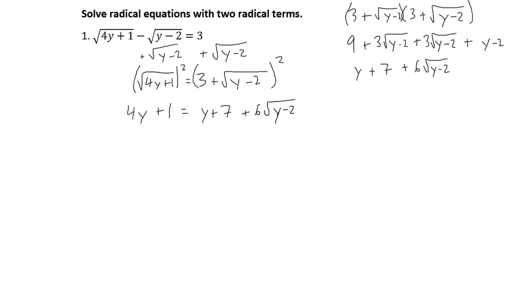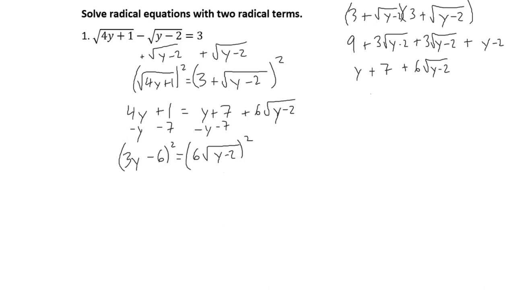So unlike before, we still have a radical. So we need to isolate the radical again. So we subtract y from both sides. We subtract 7 from both sides. And we get 3y minus 6 equals 6 radical y minus 2. Now that it's isolated again, we can square both sides.